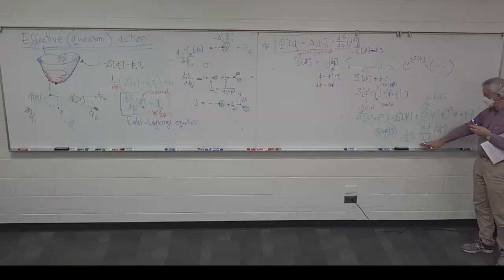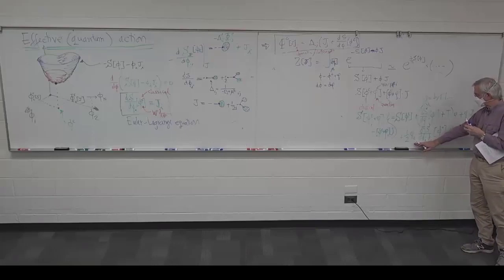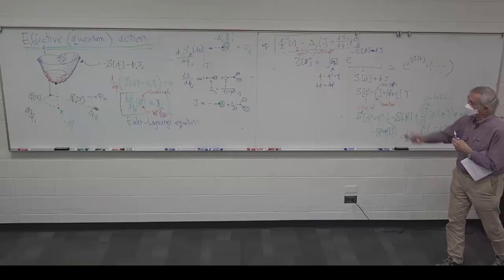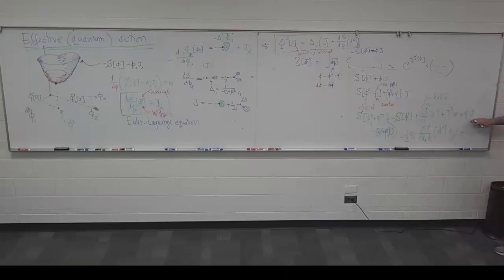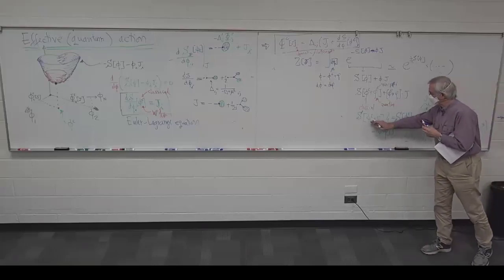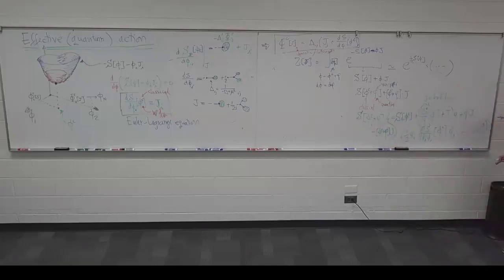So in the multi-Taylor expansion, what survives? The linear term goes away because of that. I still depend on the field. So now the question is, should this term be there? I hope it should.